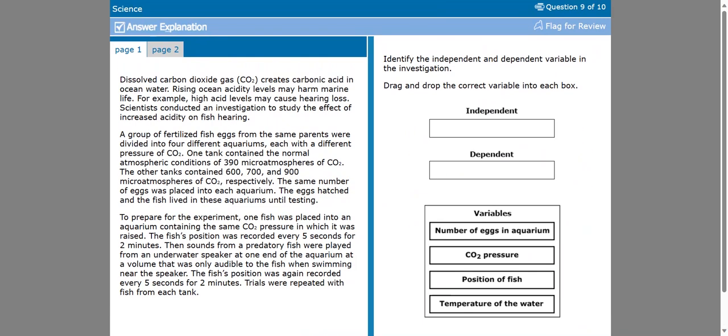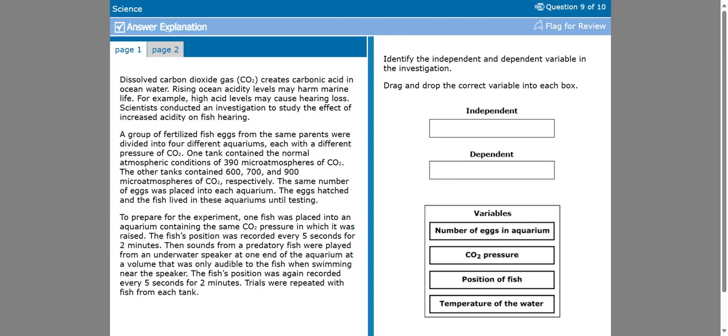Question number 9 focuses on identifying the independent and dependent variable in the investigation. So here, you're going to have to understand the difference between independent variables and dependent variables. And definitely that's a science based question of thinking, well, wait, independent, what does that mean?